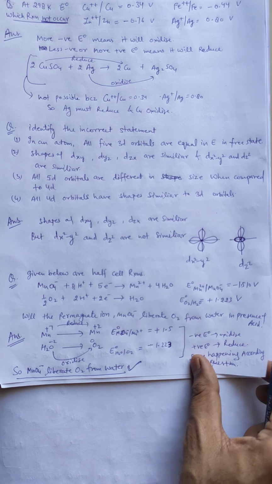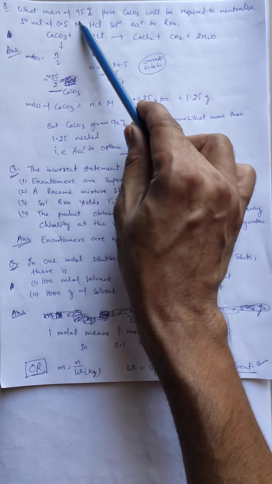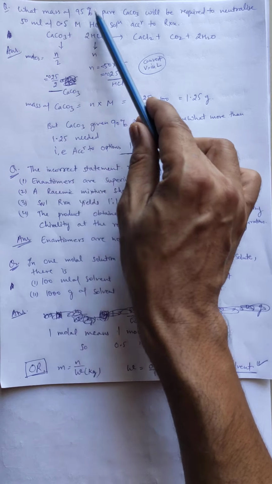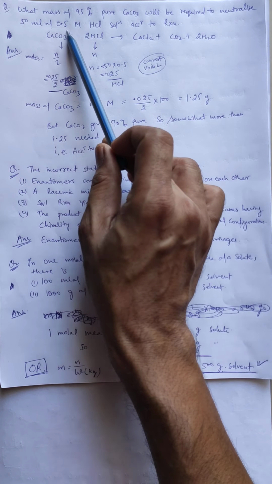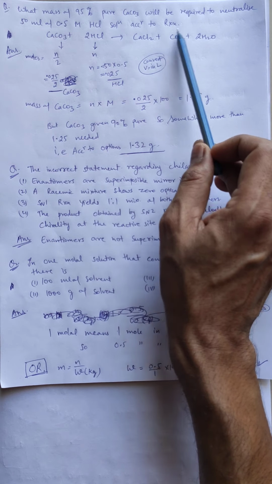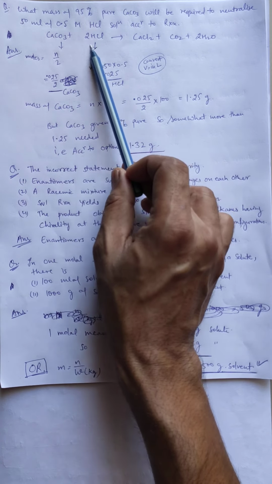Now the next question is, what mass of 95% pure CaCO3 will be required to neutralize 50 ml of 0.5 M HCl solution according to the reaction? The reaction given is CaCO3 plus 2HCl.